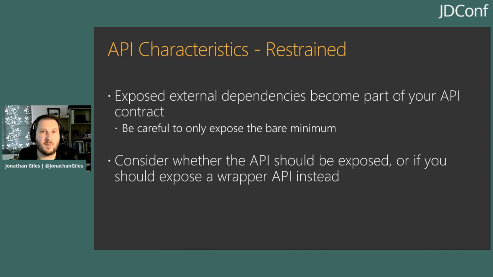And we have to be careful that these external dependencies have the same breaking change policies and support policies that we have, or else the burden falls on us to make sure that we can support these external libraries as well. And one option that we have is to wrap these external dependencies in the type that we've created so that we can change the dependency under the hood and still maintain the same functionality to the user.